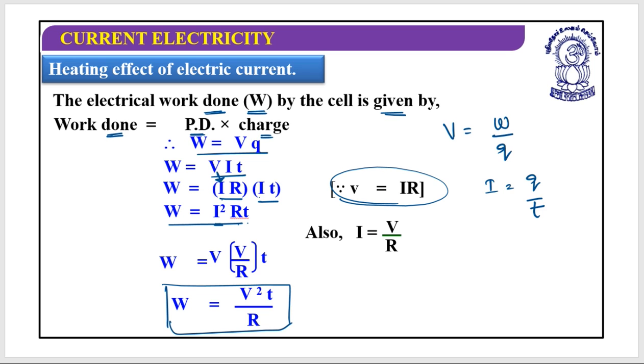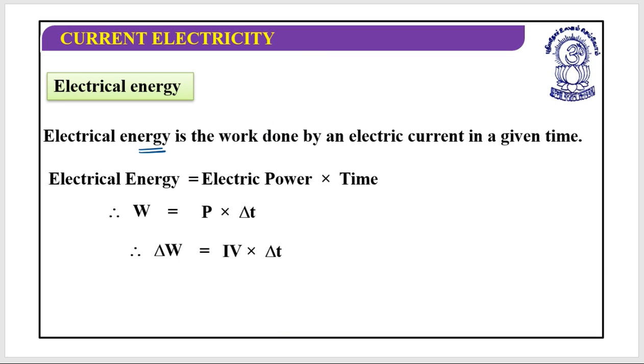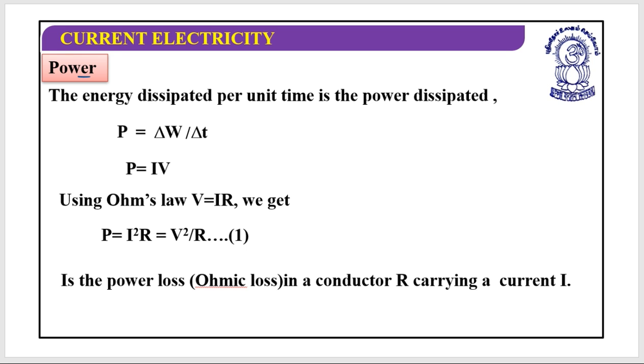This is just the work done, and this work done can be stored in the body in the form of energy. So what is electrical energy? It is the work done by an electric current in a given time. So electric energy is equals to electric power multiplied by time. Work done can be written as P into delta T, or delta W can be written as IV into delta T. What is power?